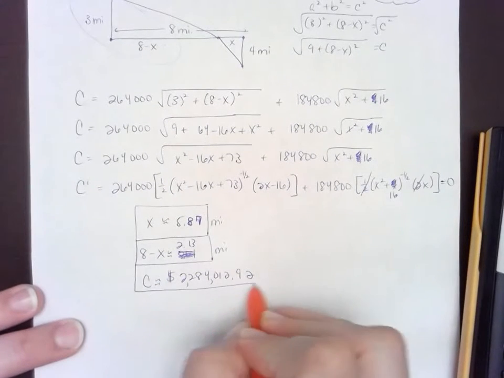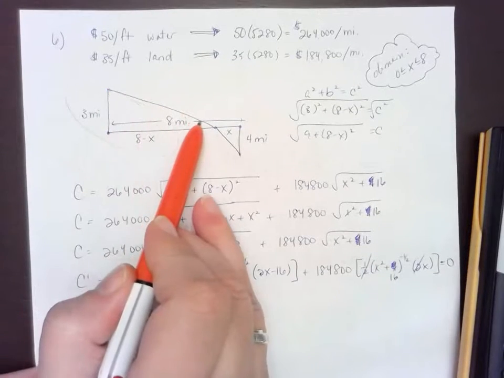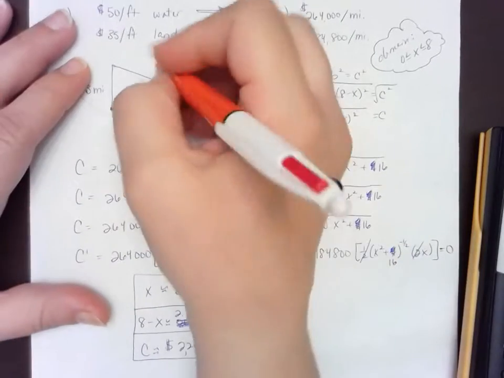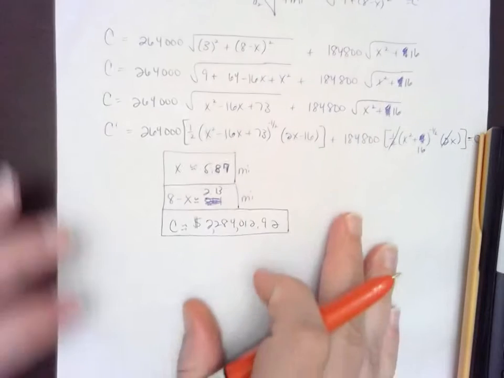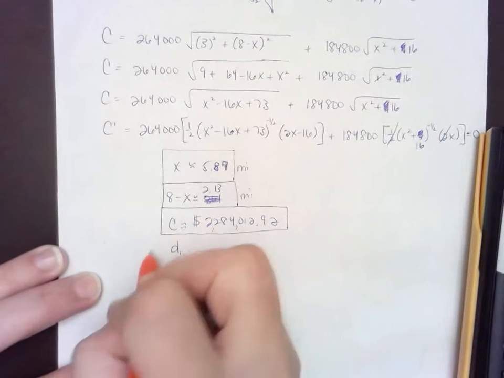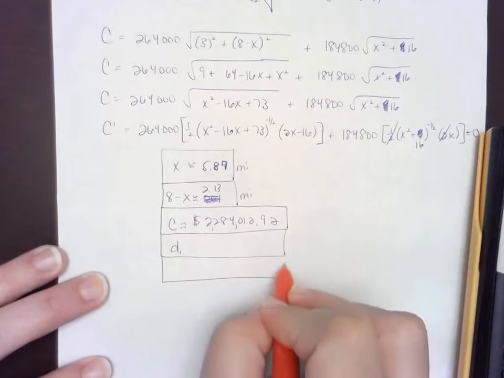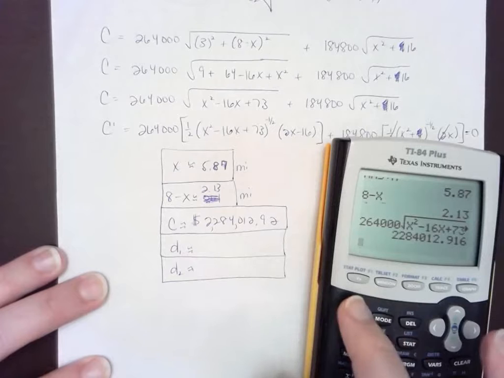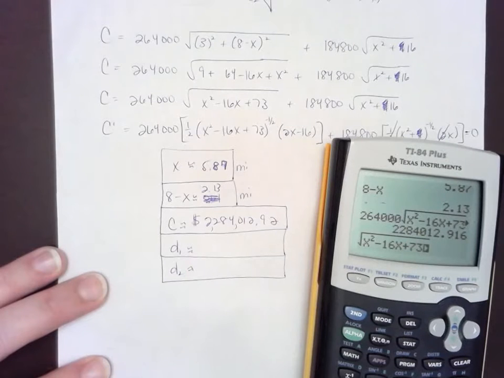Some other unknowns that you could find are the individual lengths here, this C value and this C value. We might as well, I'll call this D1, I'll call this D2, two different distances. Distance 1 is the square root of x squared minus 16x plus 73.